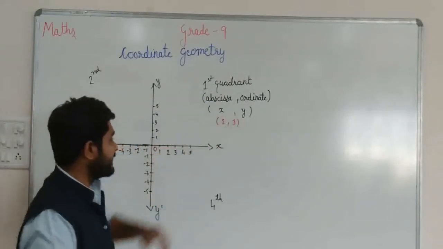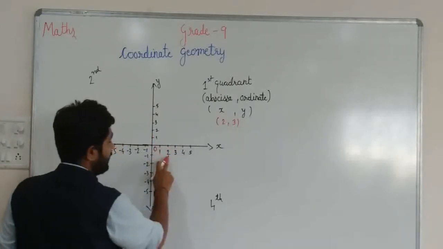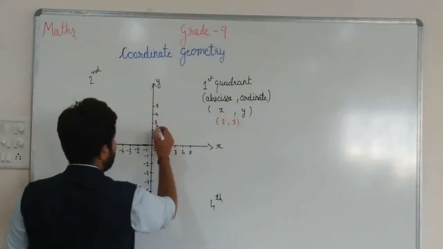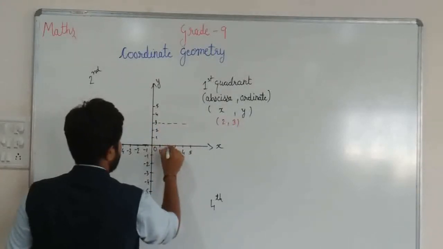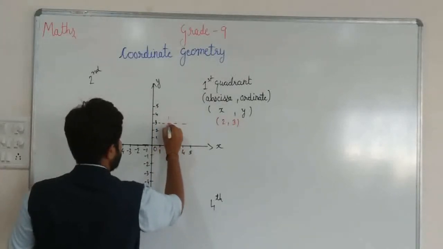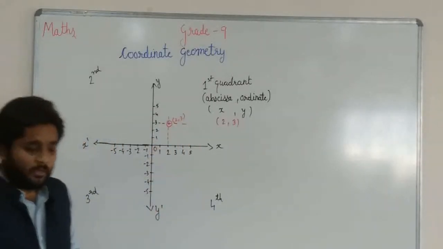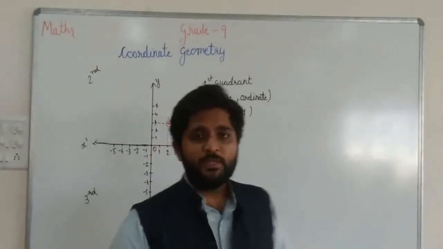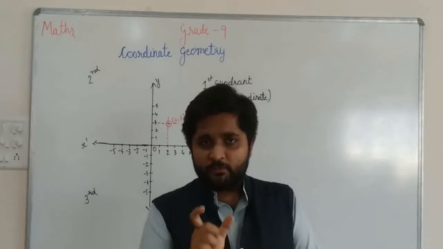So 2 is on the x-axis, so here 2 is there, 2 on x-axis and 3 on y. So if we draw, the object is here. The object is here at 2, 3.